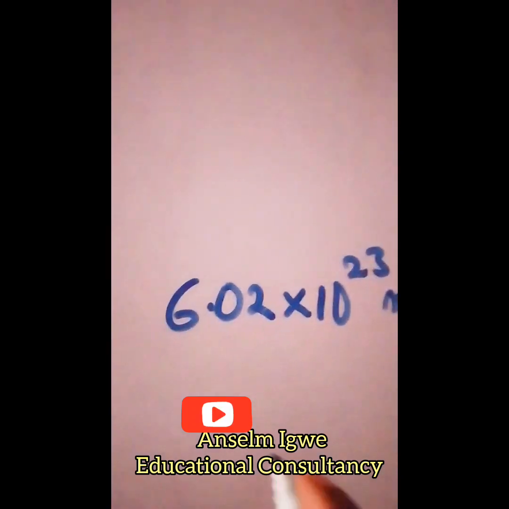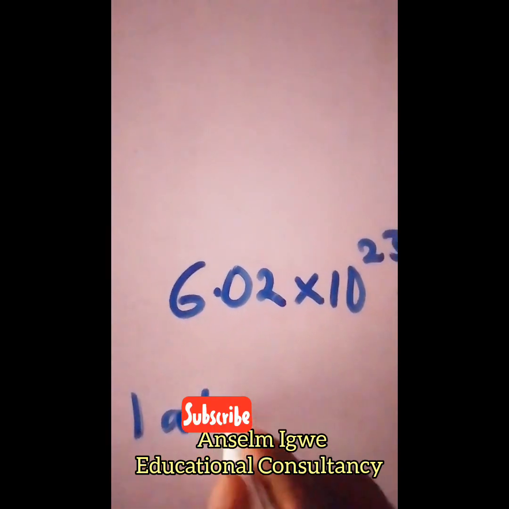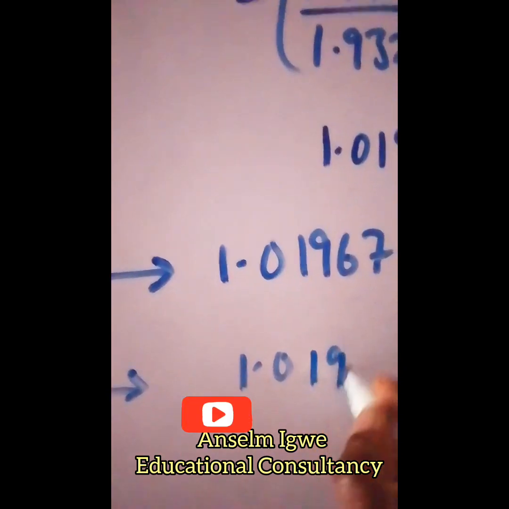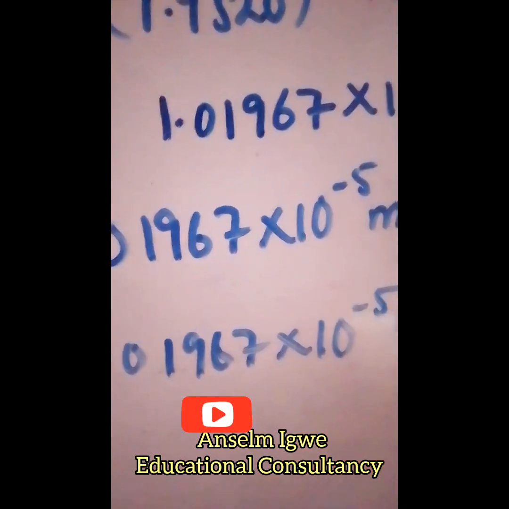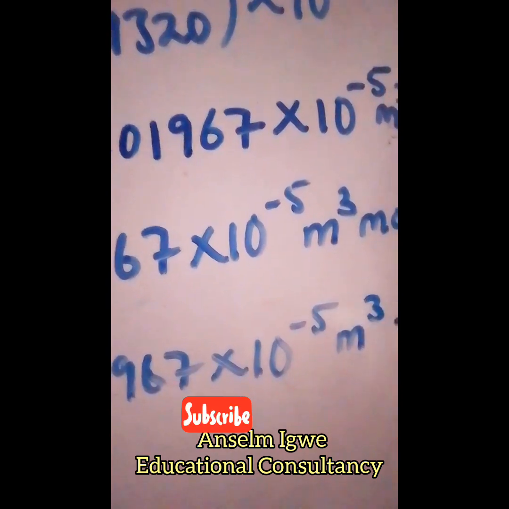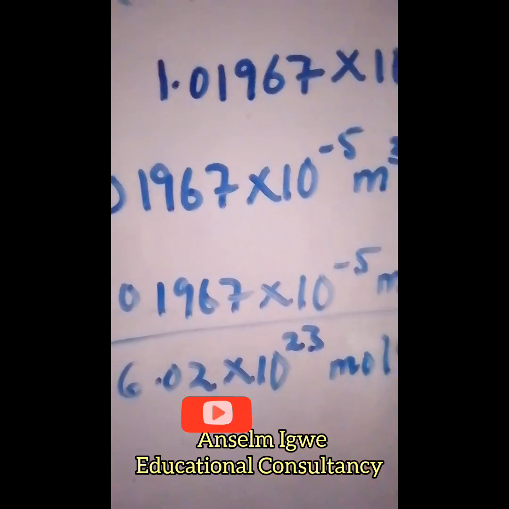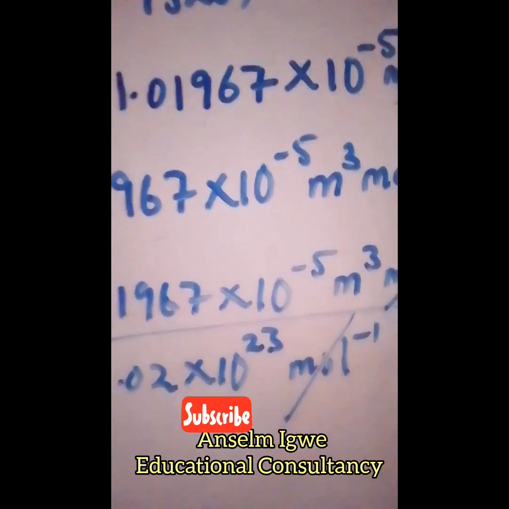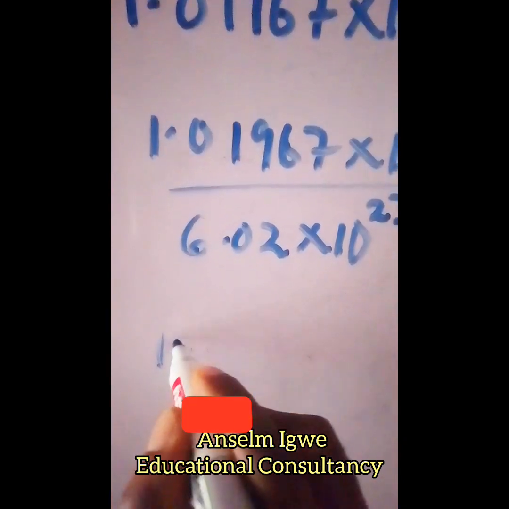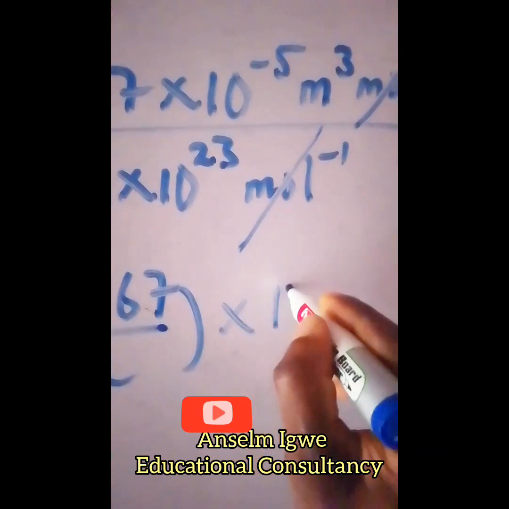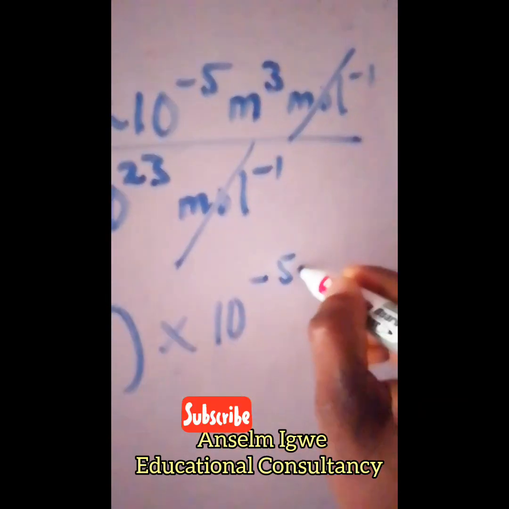If that is so, let us find the volume occupied by one atom. One atom would occupy 1.01967 times 10 raised to the power minus 5 cubic meter per mole, divided by Avogadro's number, 6.02 times 10 raised to the power 23 per mole. We cancel per mole. So we have 1.01967 divided by 6.02 times 10 raised to the power minus 5, division becomes minus 23.